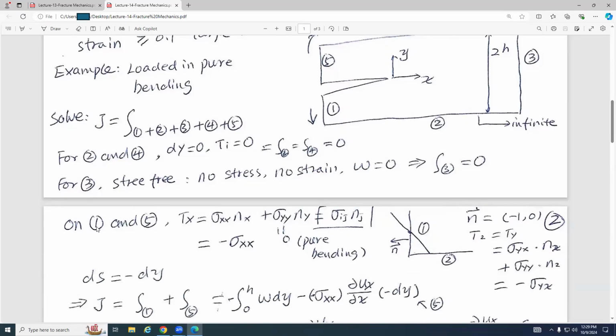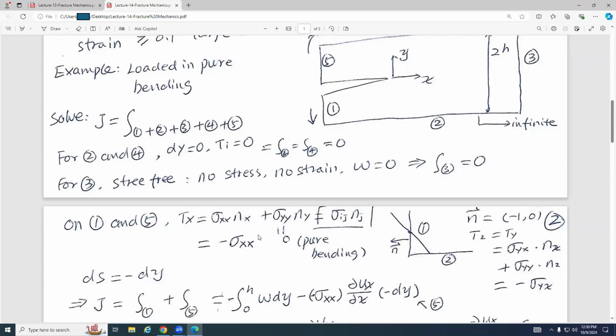On the first and fifth, how can we calculate the traction? Tx equals sigma xx nx plus sigma xy ny, which equals sigma ij nj. Do you guys still remember this? How to calculate the Ti? Ti equals sigma ij nj.